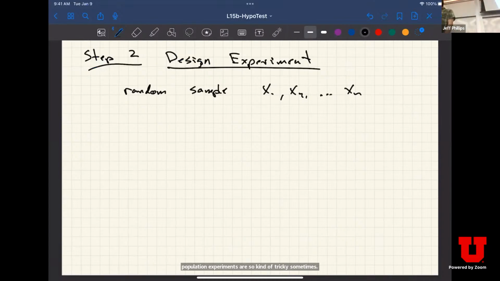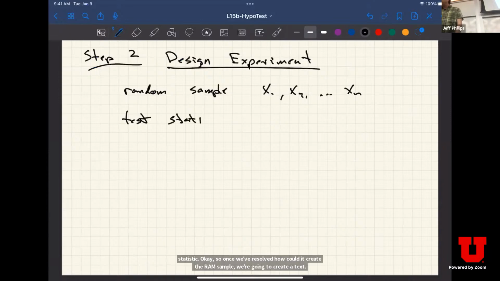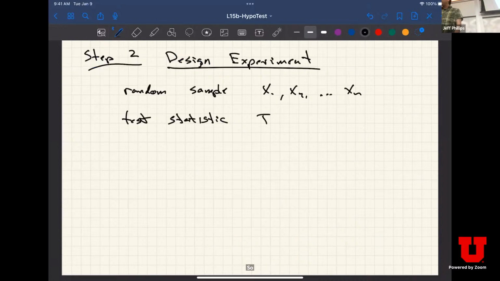Okay, so we're going to start with the random sample, and then we would like to create a test statistic. Once we've resolved how we're going to create the random sample, we create a test statistic. This is some value T, which is some algorithm that we run on X1 through Xn, our sample.